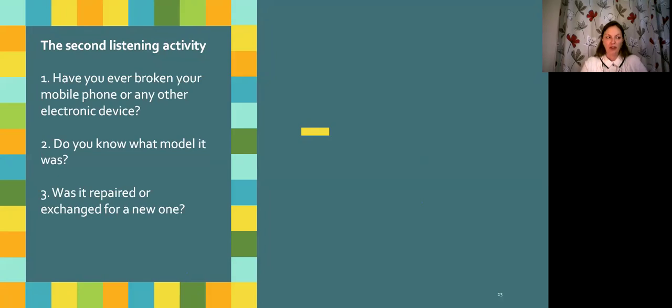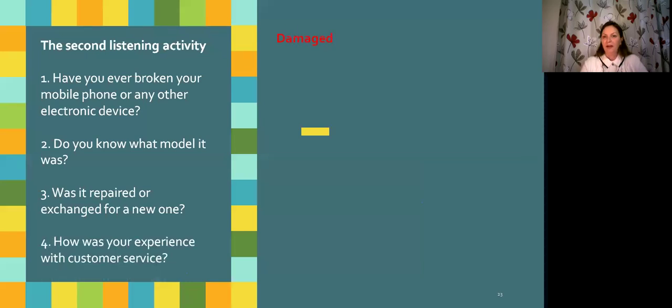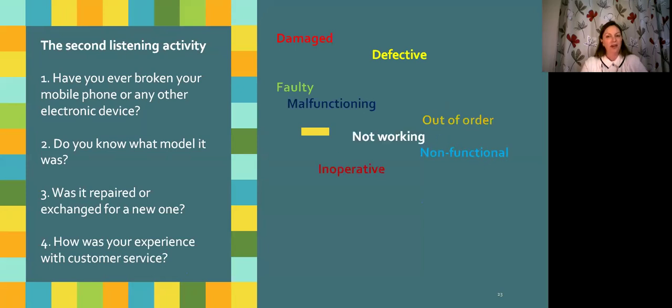Was it repaired or exchanged for a new one? If an electronic device is broken, it can be damaged or defective or faulty, malfunctioning, out of order, and many other words.